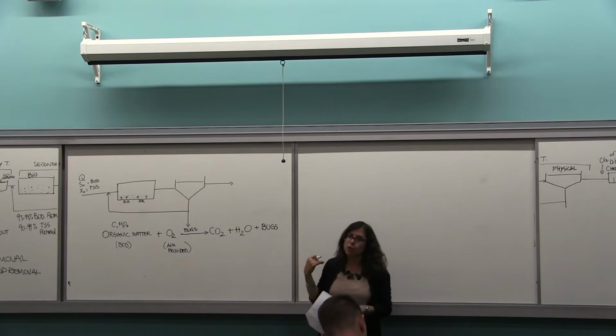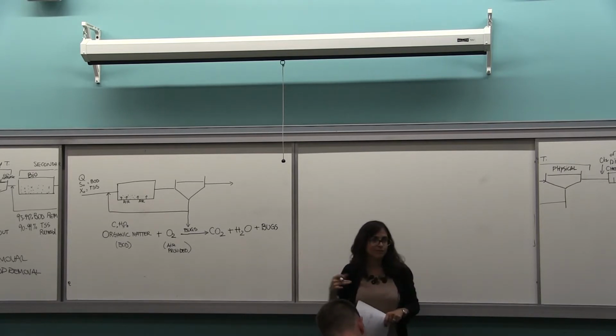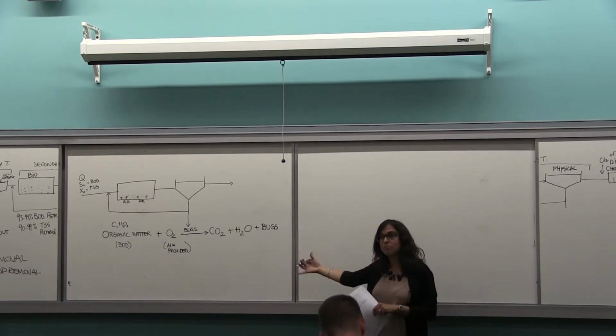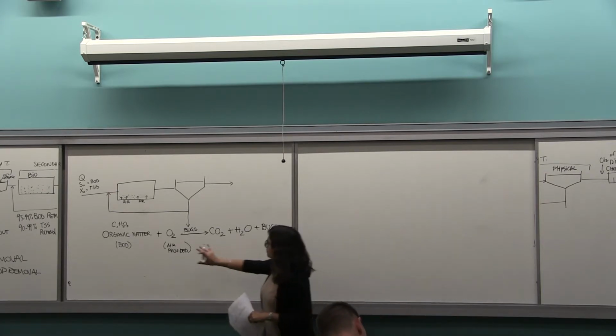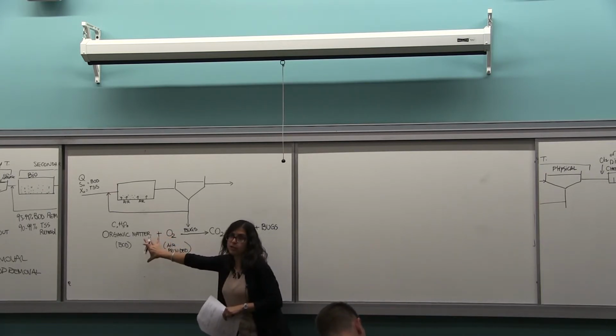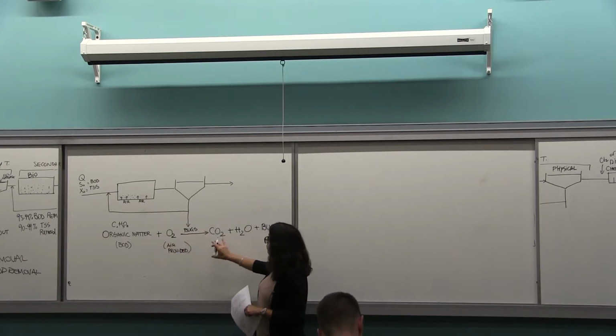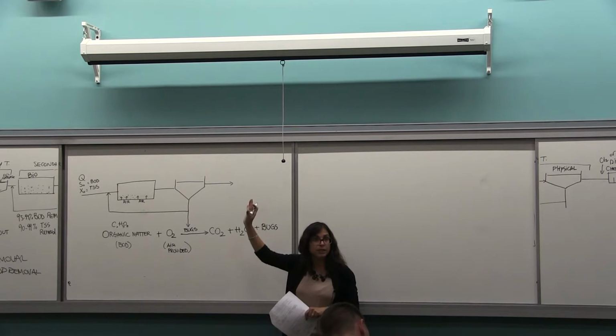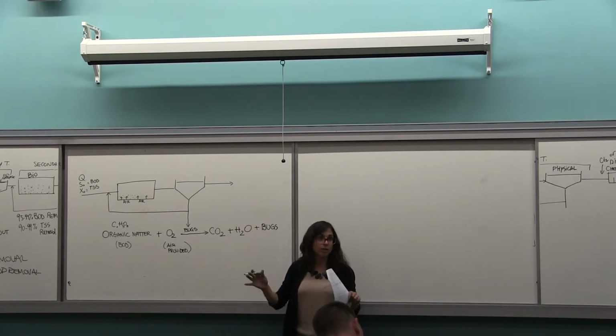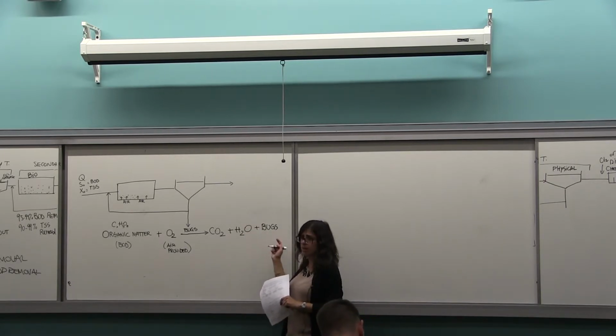Now, we don't reproduce as fast as bugs do, thank God, but bugs reproduce pretty quickly, right? So the organic matter, BOD, is going to be transformed, adding air, into CO2 and water. CO2 will be released, right? Water, no problem. Bugs.